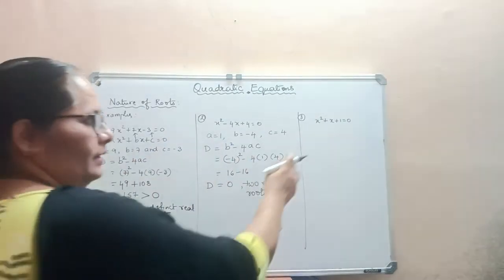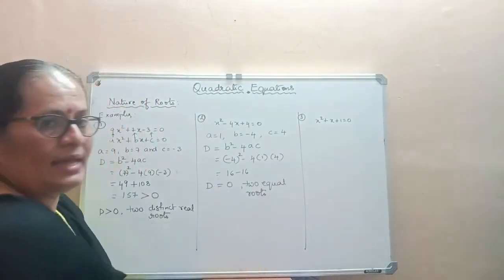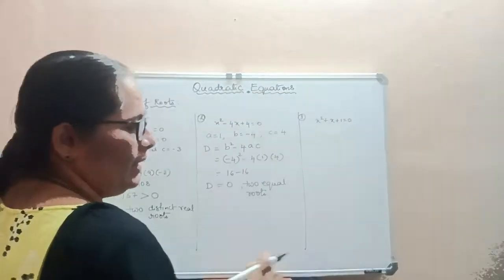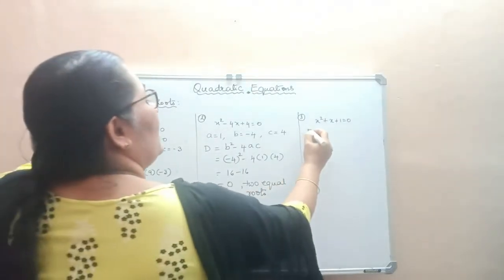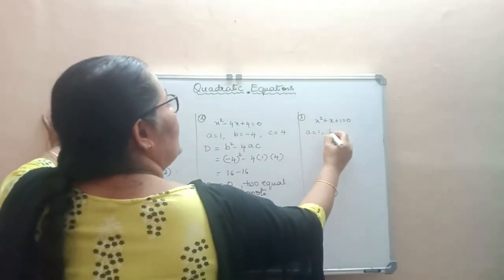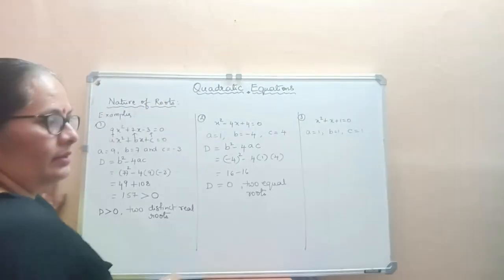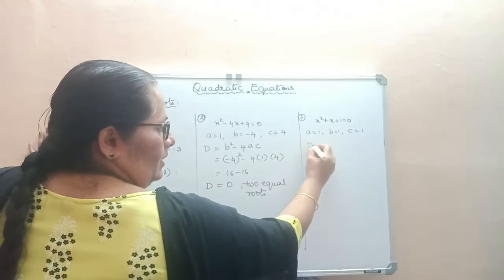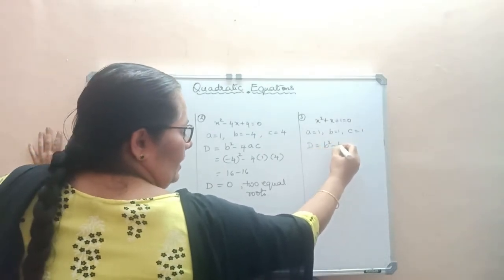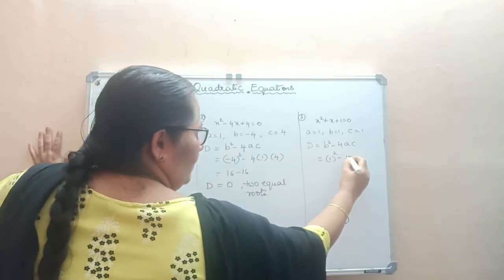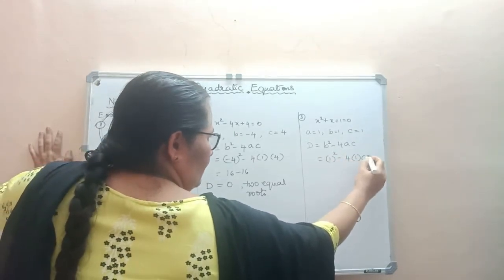Now third example, x square plus x plus 1 equals to 0. Here on comparing with the standard form, a equals to 1, b is also 1 and c is also 1. Now find the discriminant. D equals to b square minus 4ac. So b square is 1, minus 4, c is 1.